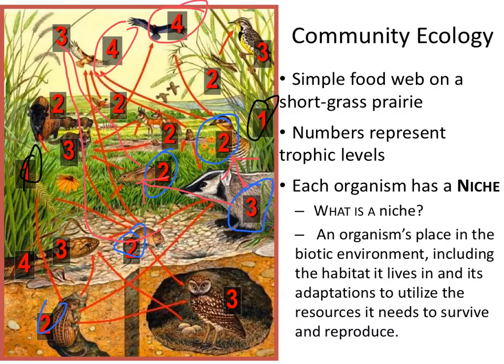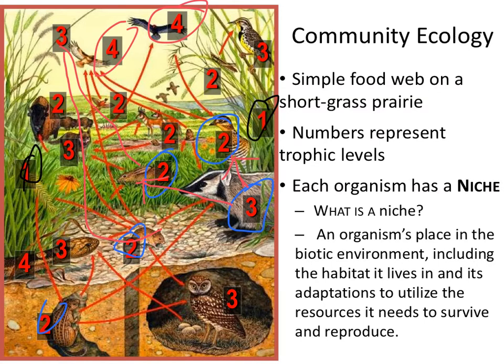Now, each organism has a niche, and we haven't really discussed the niche. What is a niche? It's an organism's place in the environment, including the biotic environment and the abiotic environment.